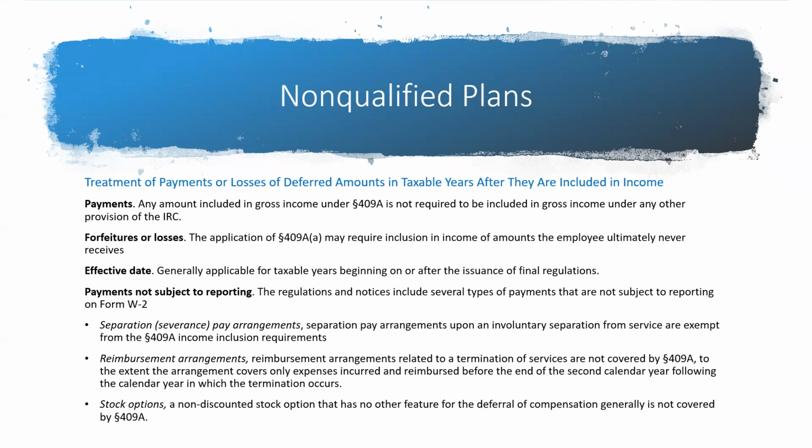Payments not subject to reporting. There are several types of payments that are not subject to reporting on W-2 due to a 409A failure in non-qualified deferred compensation plans, such as separation or severance pay agreements, 457 plans, reimbursement arrangements, and stock options.